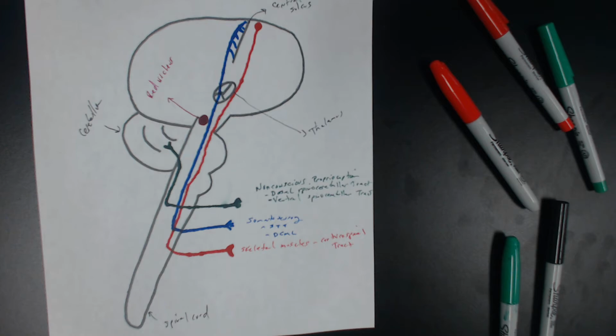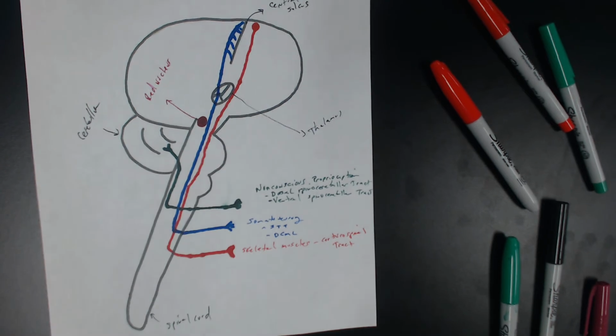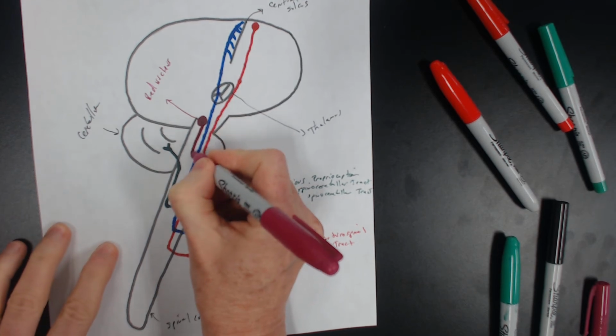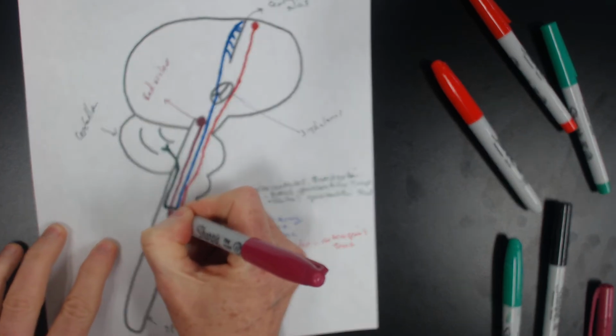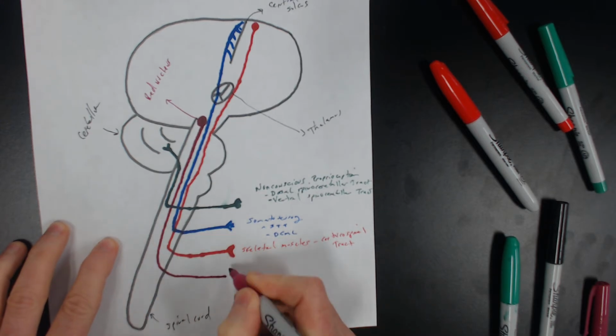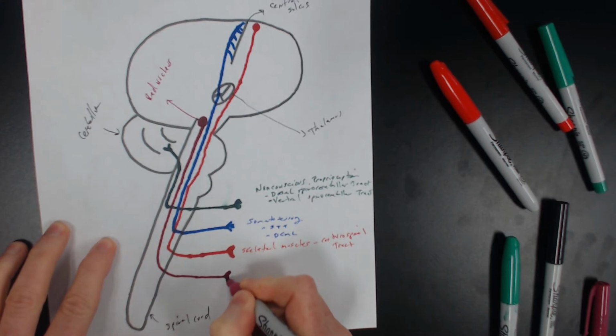Keep it that maroon color because it goes with other tracts. From the red nucleus, there are axons descending down through the brainstem and the spinal cord.